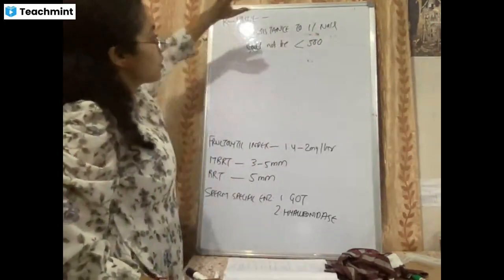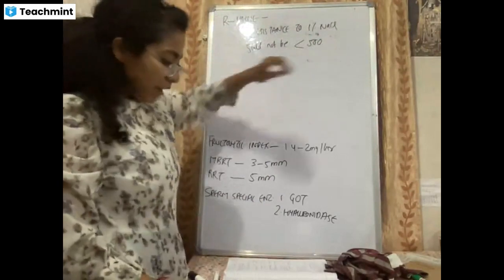It is the value of resistance to 1% NaCl, and it should not be less than 500.